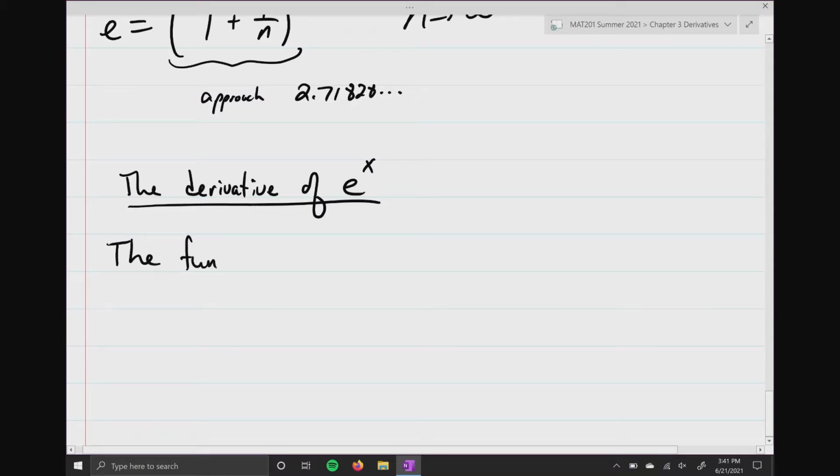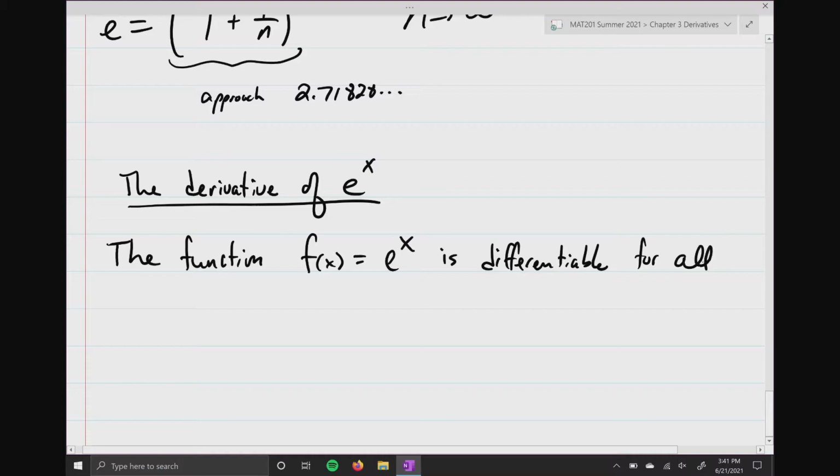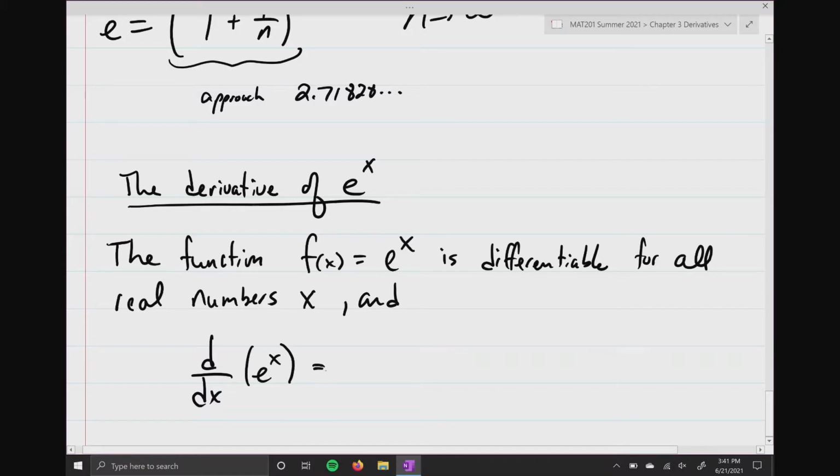We say that the function f of x equals e to the x is differentiable for all real numbers x, and the derivative, d dx of e to the x, equals e to the x. And like I said, this is a very special case of the derivative.